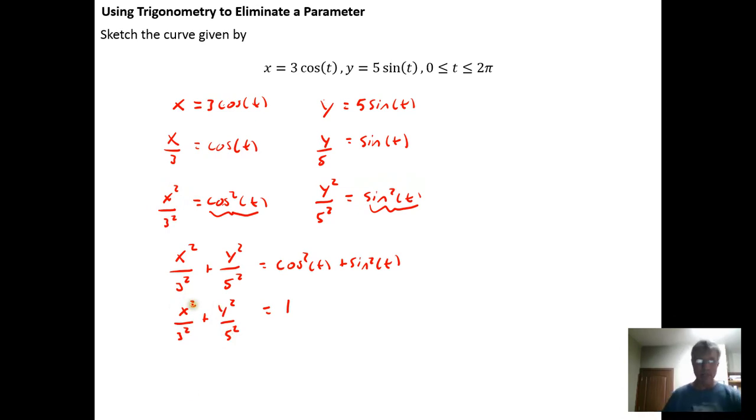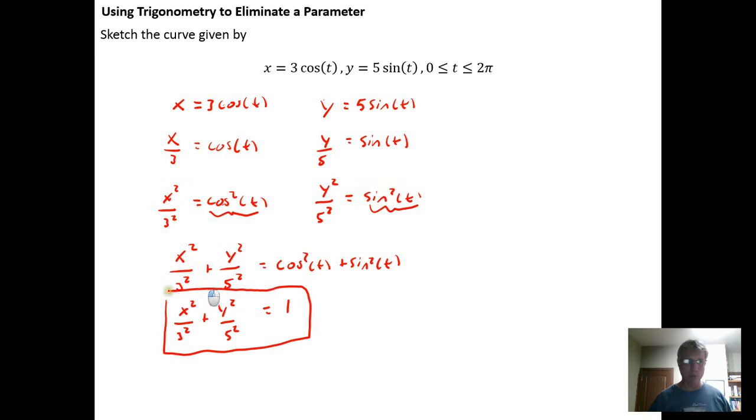And then what I want to recognize from this is that I really have the equation of an ellipse, which is why it's important to review conic sections and the formulas for parabola, ellipse, hyperbola, circle, because those are going to show up increasingly now as we move forward.